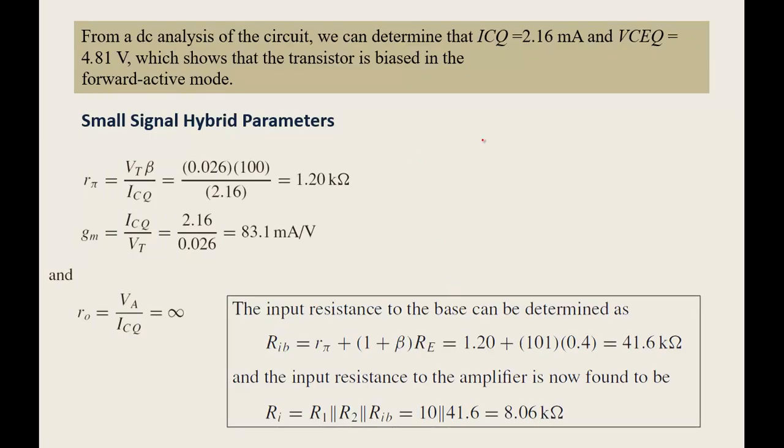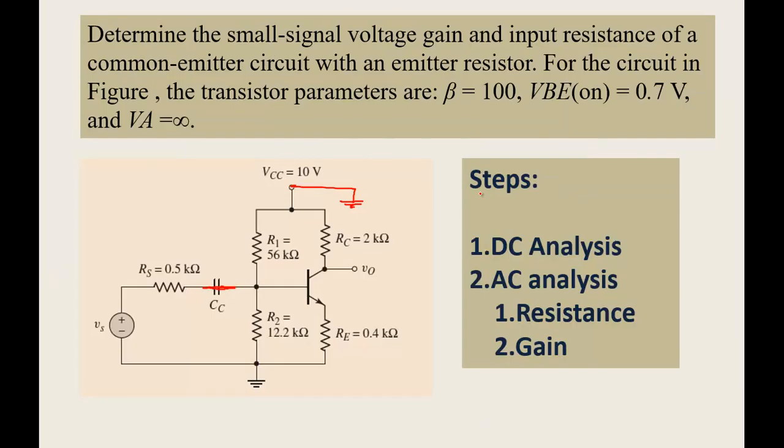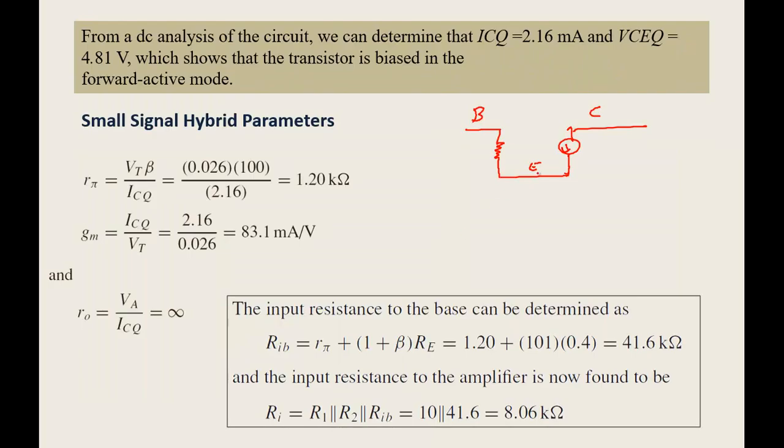First you draw the transistor, so that's your base, collector, and emitter. In this case, emitter is not grounded; it is connected through a resistor RE. So RE should be there. Now this is R pi, and this is RE, and this beta IB.